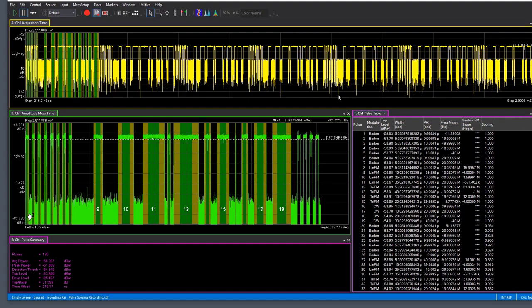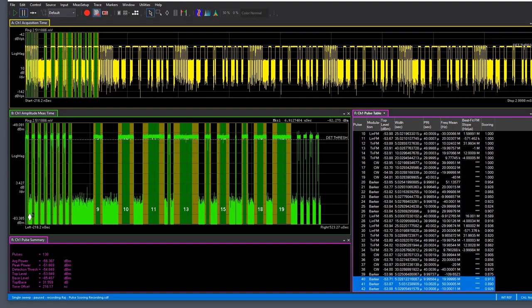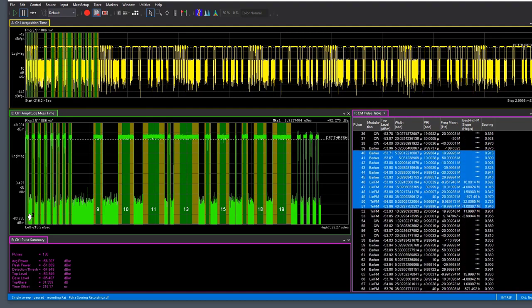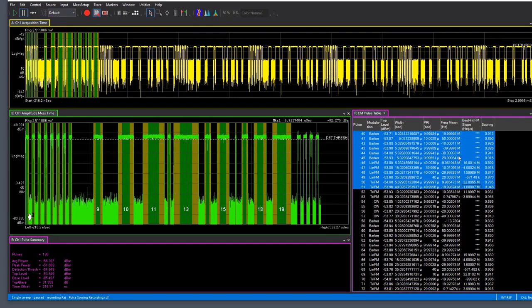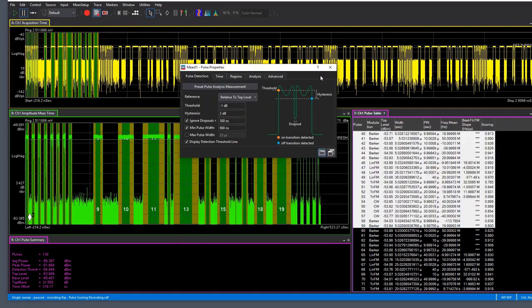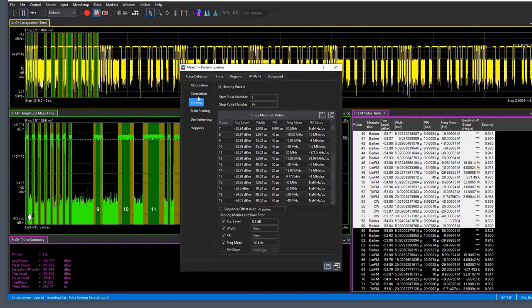And just to test that, what we could do is let's go down here. Let's take a look at 40 and beyond. So 40 to 59, we see we have some 0.8s in there and so on. If we go to our scoring dialog, and let's turn off the frequency, and let's turn off the amplitude, we see those all went up.